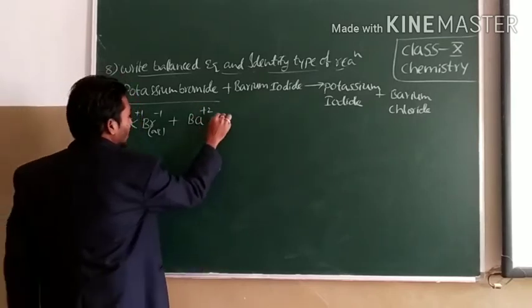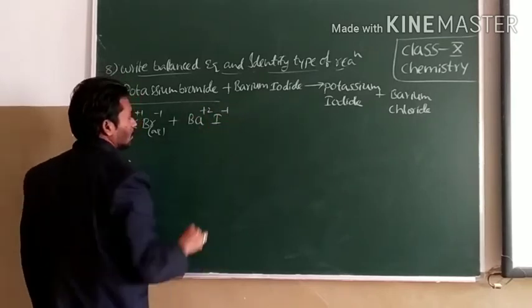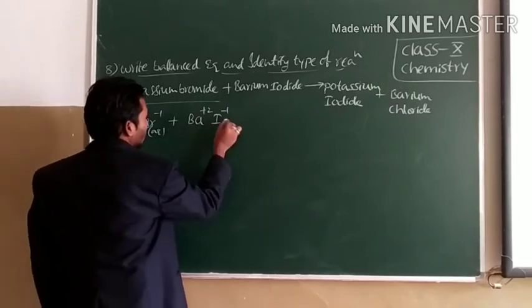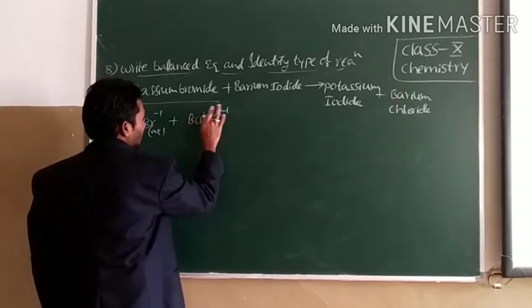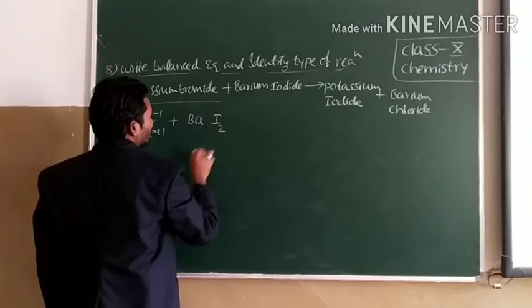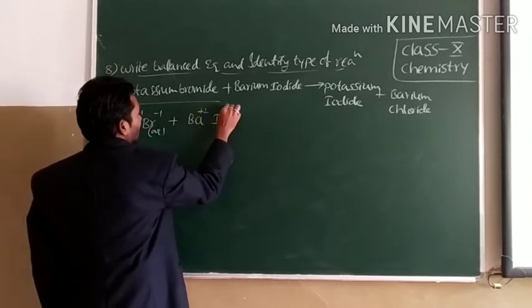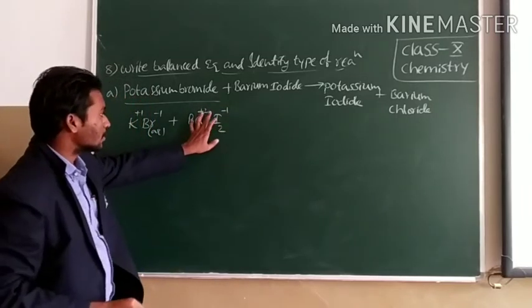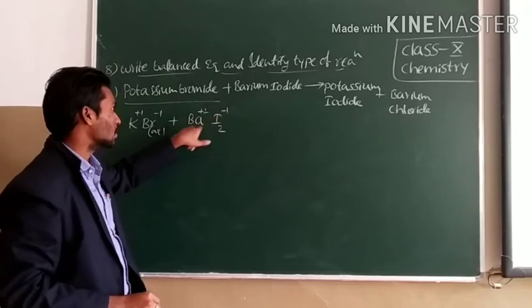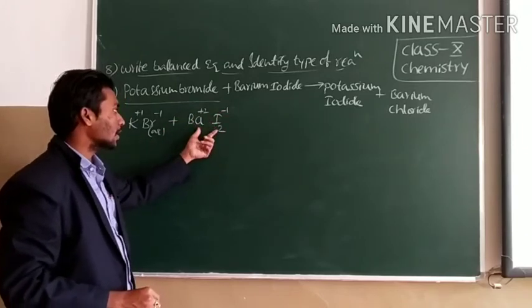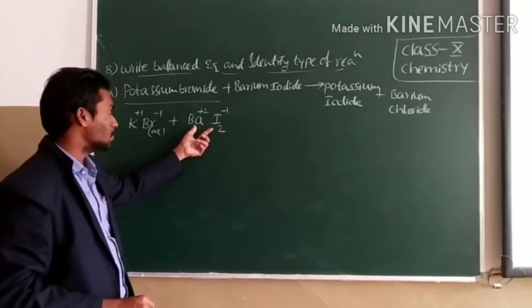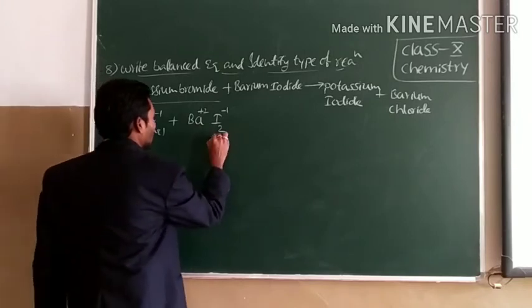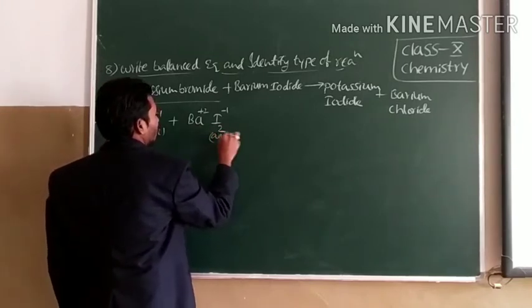Iodide is minus 1. That's why we write BaI2, because charges are not balanced here. In case of different charges, we have to crisscross them and write the numbers as subscripts. BaI2 is the chemical formula of barium iodide.